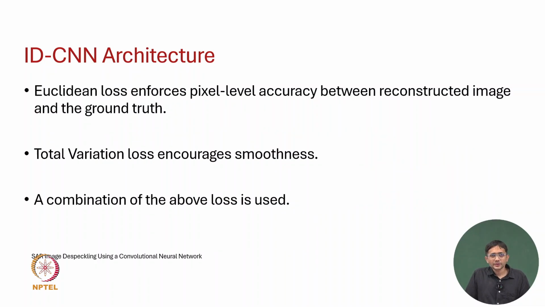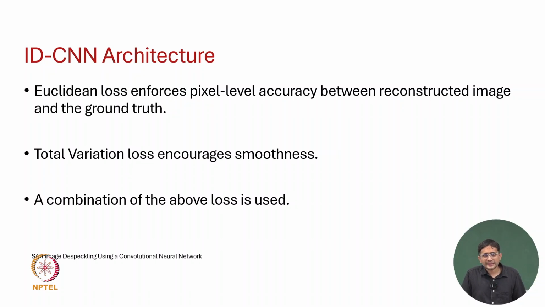To talk a bit about the loss function used in the IDCNN, Euclidean loss is used to enforce pixel-level accuracy between the reconstructed image, or rather the noise, and the ground truth noise. Additionally, in this particular work, total variation loss is also used, which is used to encourage smoothness, and basically a combination of the above two losses is used.